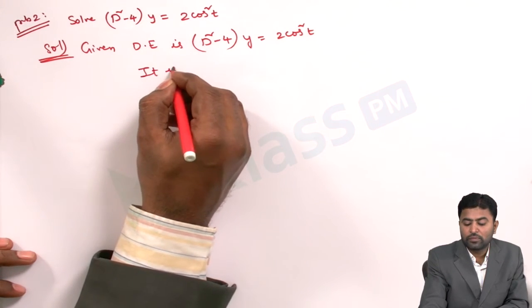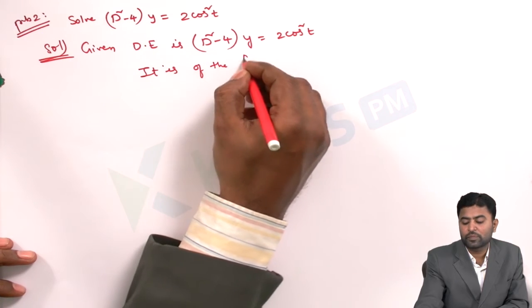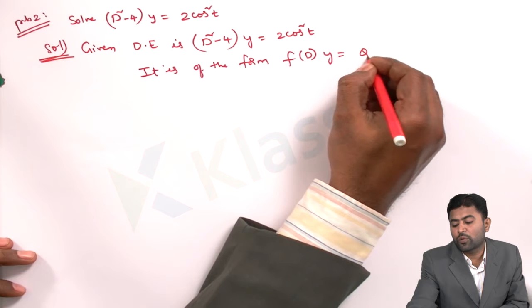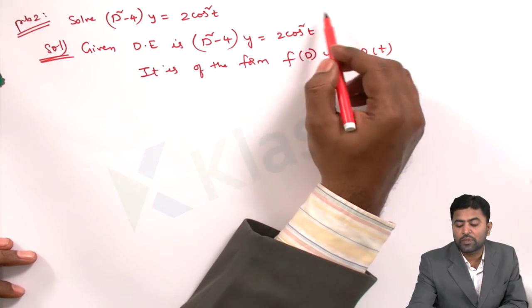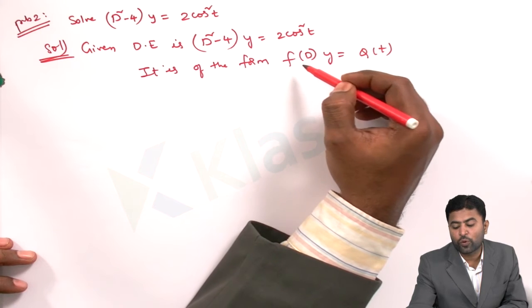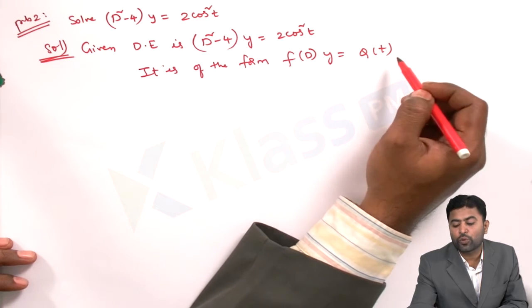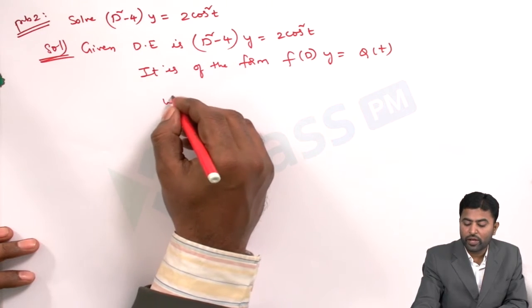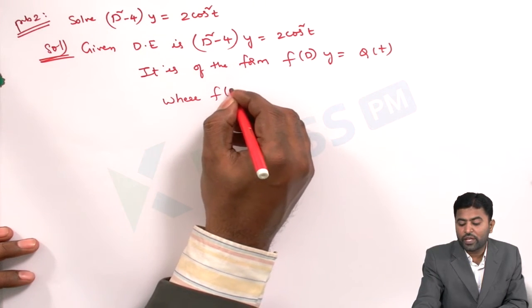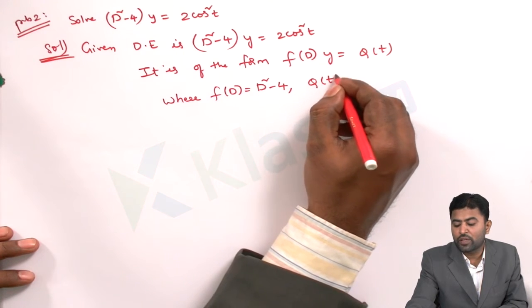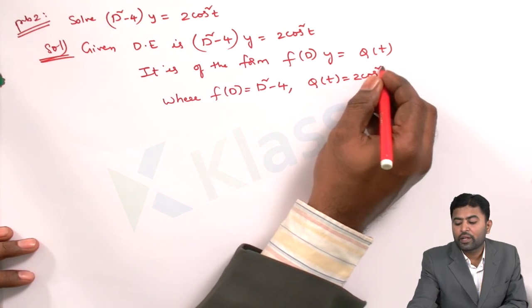It is of the form f of d into y is equal to q of t. Observe RHS, it is in terms of t. So therefore it is of the form f of d into y is equal to q of t, where f of d is equal to d square minus 4 and q of t is equal to 2 cos square t.